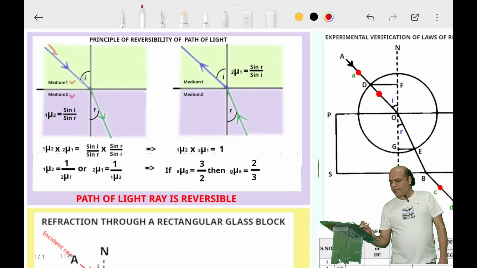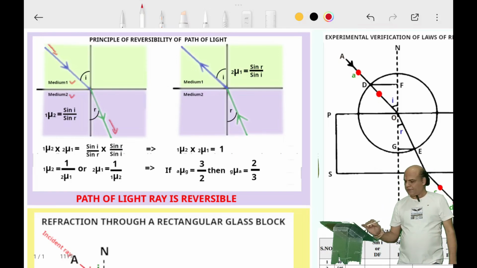It makes an angle of incidence I. Then when it enters medium 2, it gets refracted along this direction, because the speed of light in medium 2 is different. As it is moving towards the normal, it is obvious that medium 2 is denser.